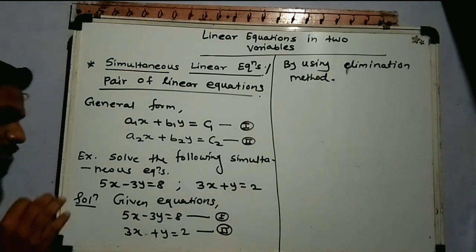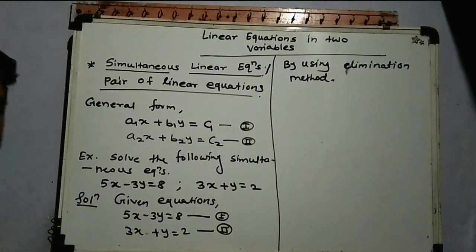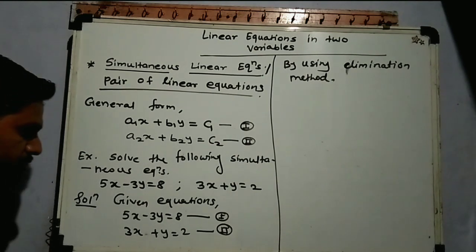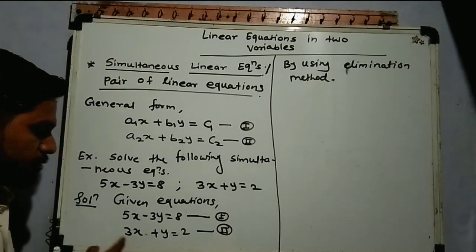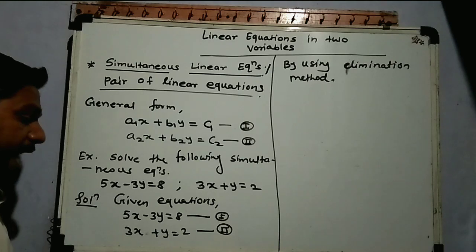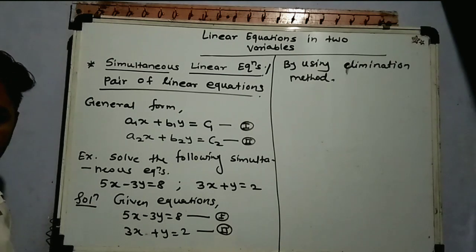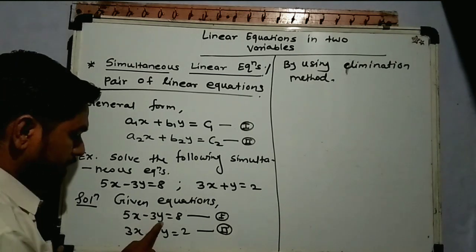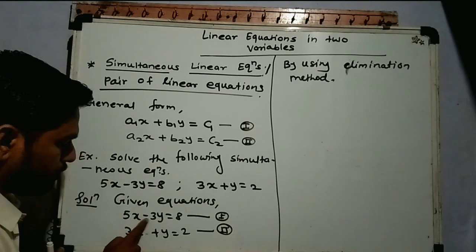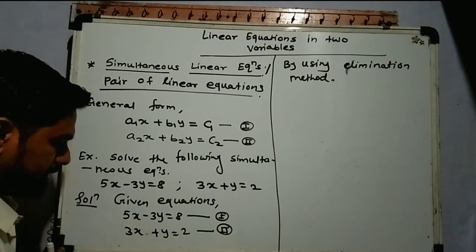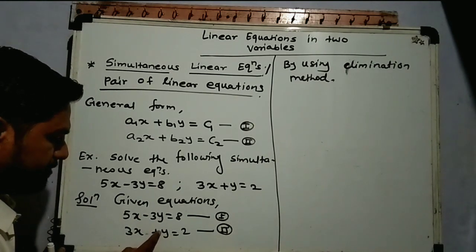So we have to observe these two equations first. We have to observe the coefficients of the variables as well as the signs of such terms. Okay, so see, what is the coefficient of this y? -3. And what is the coefficient of this y? It is +1.